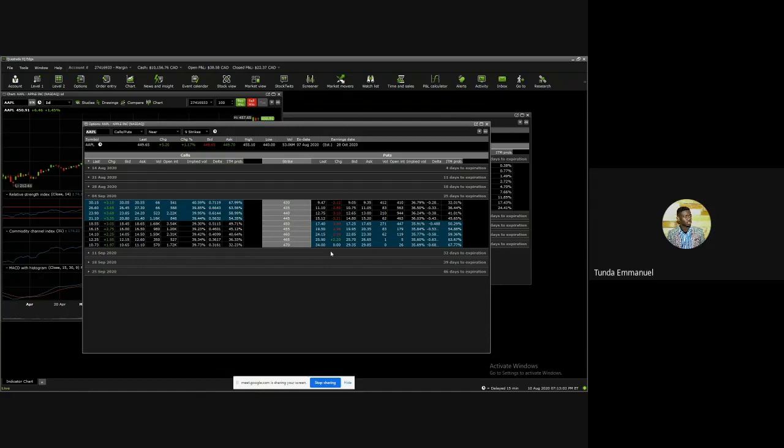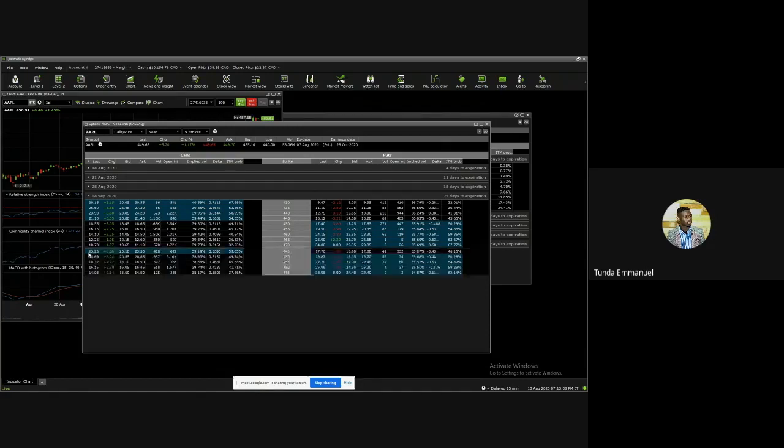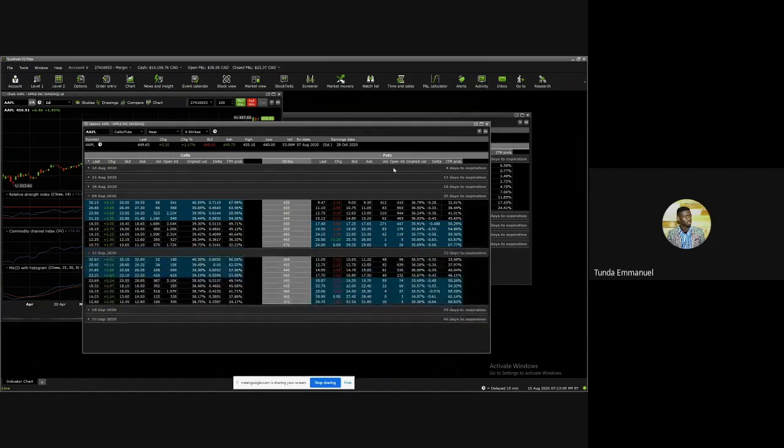So this is going to be a little bit advanced, but what you can do is sell a put. Another thing I want to mention first is that every time I'm trading options, I'm looking at the 70% probability.